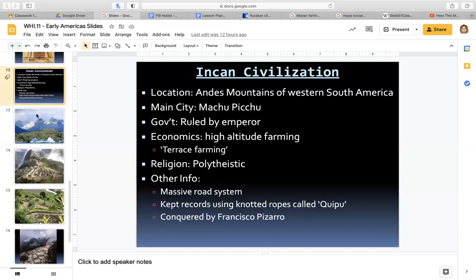And then we see a breakdown of power. So, before that, other info: the massive road system, again, quipu, and then they were conquered by Pizarro, who we'll talk about in the breakdown of power of the Incan civilization.